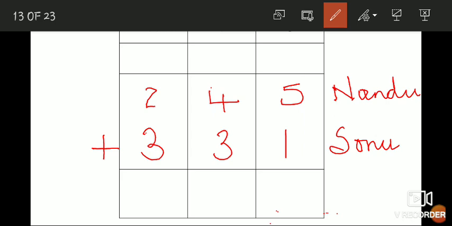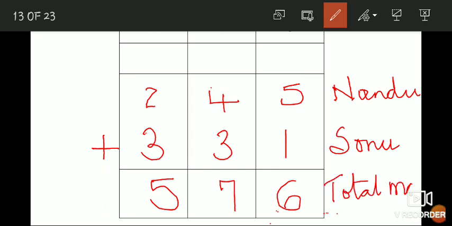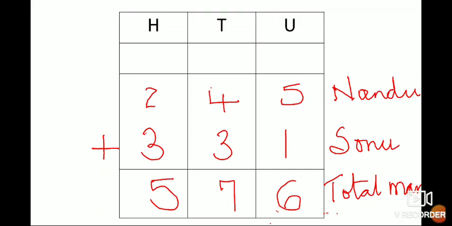Let us add. 5 plus 1, 6. 4 plus 3, 7. 2 plus 3, 5. 576. You can write your total marks. Okay. Your answer is 576.